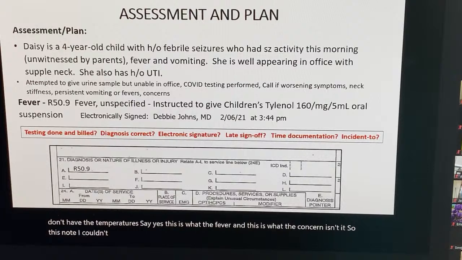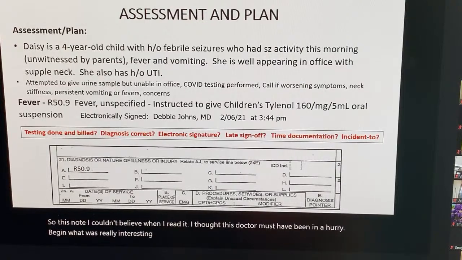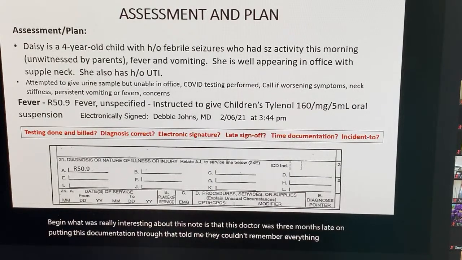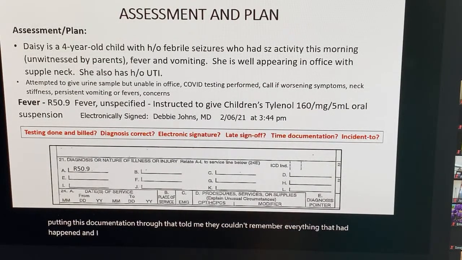I thought, this doctor must have been in a hurry. But what was really interesting about this note is that this doctor was 3 months late on putting this documentation through. That told me they couldn't remember everything that had happened. And I think that's why the documentation read the way it did, because they don't remember that.